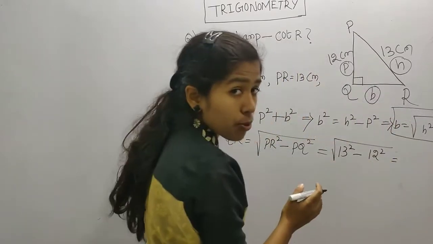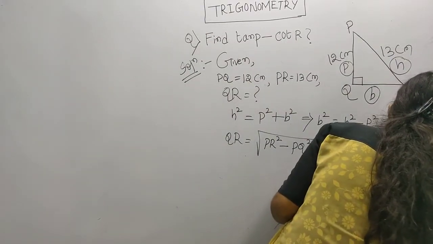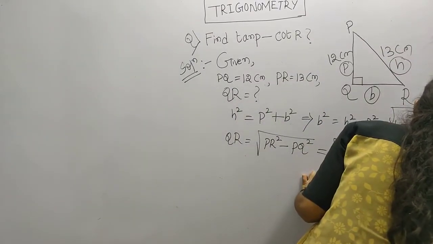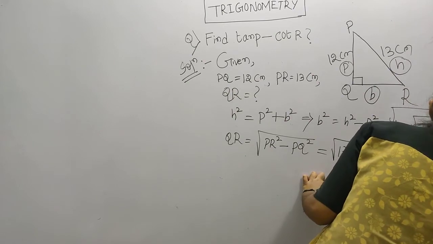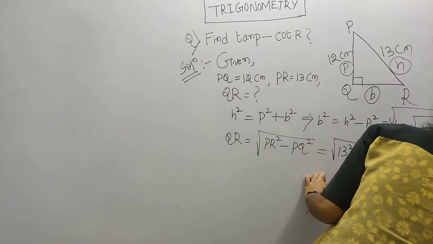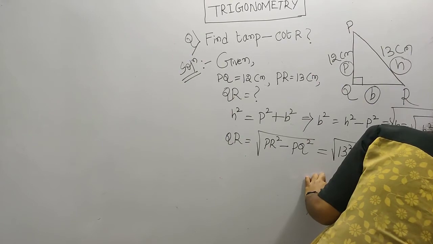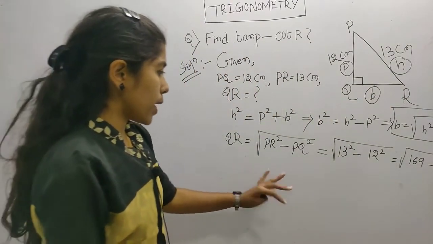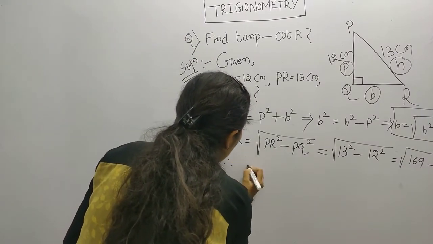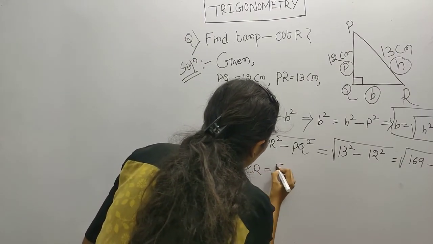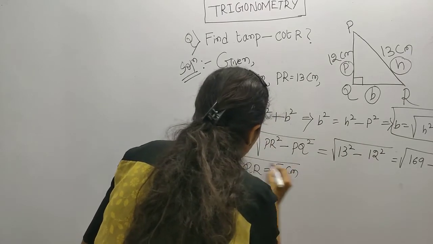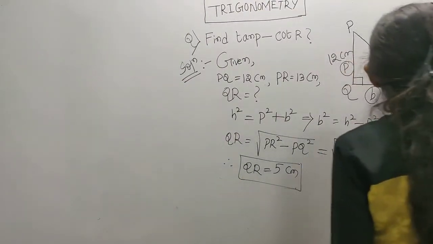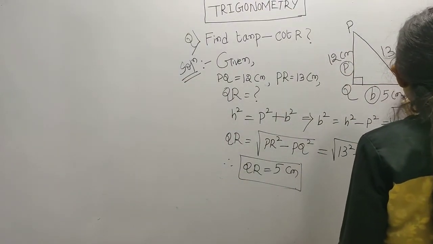What is 13 square? 169 minus 144, root. So it will be root 25, means 5 cm. So we found the base. Therefore QR equals 5 cm. Clear? So here we can write QR is 5 cm.